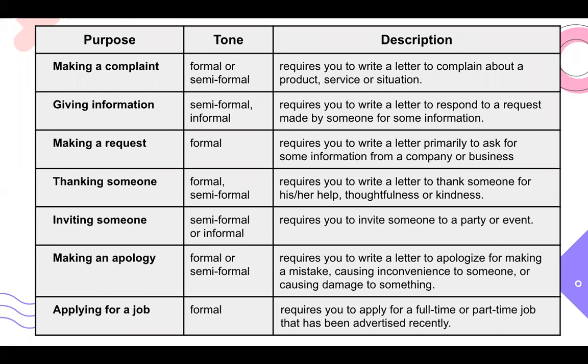For example, maybe you damaged something in their store while you were there shopping. Now you have to write a letter to apologize to them. So you would use a formal tone for that, because you don't know the owner or the manager of the store. But if you're making an apology to a friend, then you have to use an informal tone.